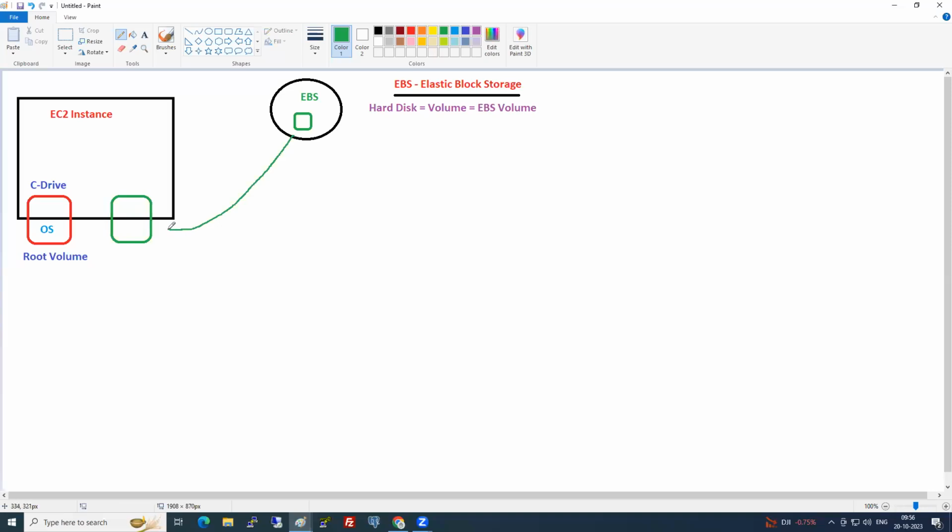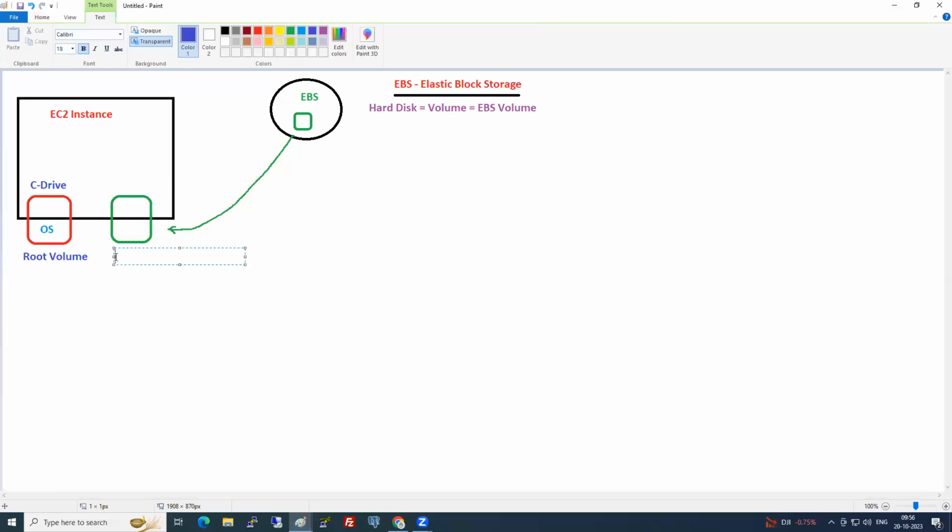By default you will get the root volume. But if you need an extra volume, you can create and attach it. If you don't want it, detach it. The default volume we call the root volume, and the D drive, E drive, apart from the C drive, apart from the root volume, the rest of the volumes are called additional volumes.